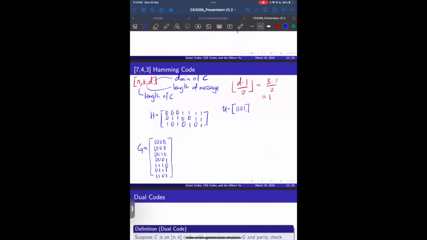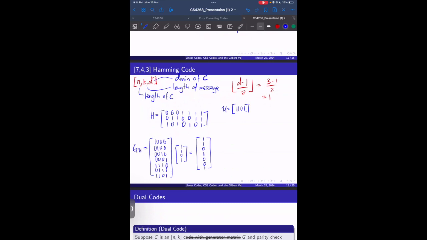So we take U and multiply it here. What do we get? We can work this out. We can see that the first four rows is just the identity, so we'll get back 1101. Then after that, we just compare, right? You get 0, 0, and 1. So this is G of U, right?